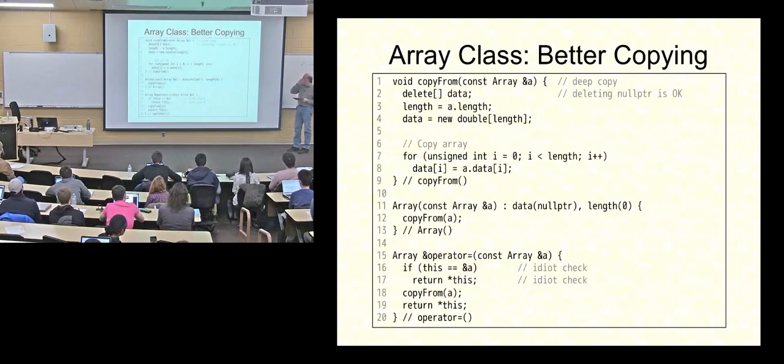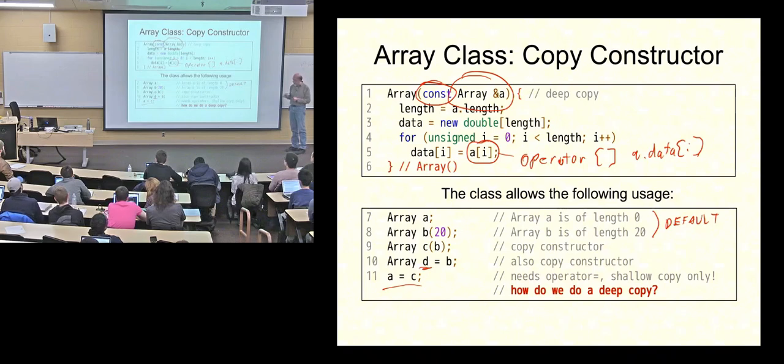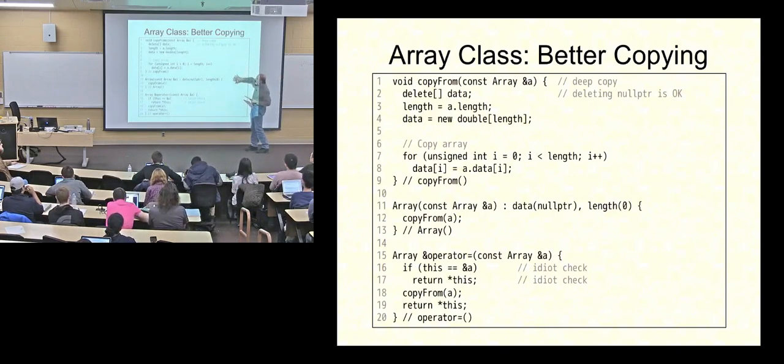Now, one thing we could do is, instead of writing the copy constructor and writing operator equals and putting a for loop in both of them, how about if I create a copy from function, and then the constructor can call copy from, and operator equals can also call copy from. And this is good. This is not the best way to do it yet. We'll get to the best way Tuesday, I'm guessing. So we're saying, I'm going to write the code once and I'll call it twice.